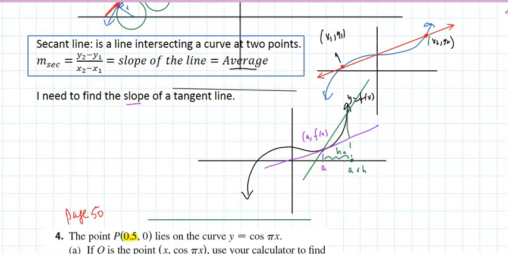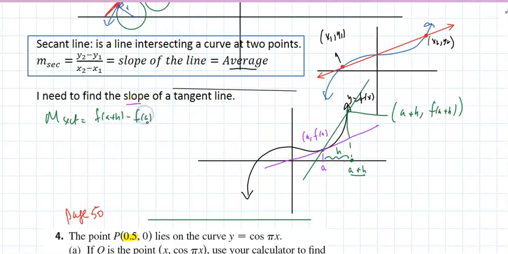What's h? A very small number. And I'm going to say, look, the slope of the green line, the slope of the secant, is y2 minus y1 over x2 minus x1. Now, if this is a plus h, do you agree that this is a plus h, f of a plus h?